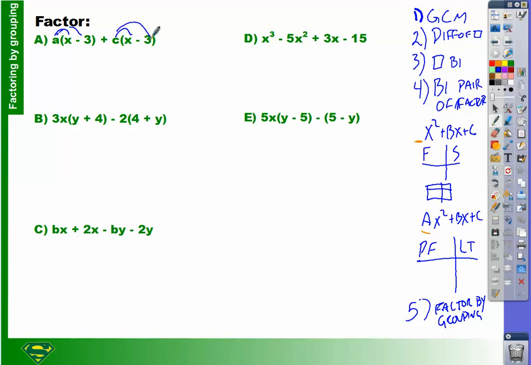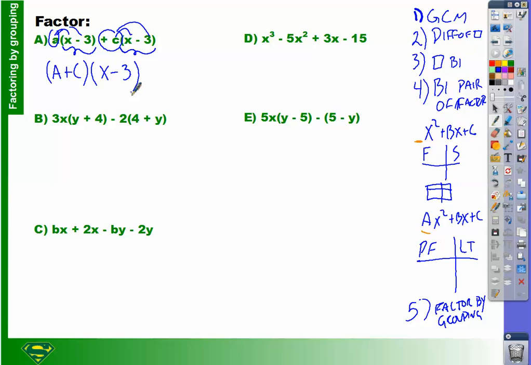Yes. So what we're doing is we're multiplying a times this binomial. We're multiplying c by the same binomial. Well, wouldn't it just be easier if we combined these two terms, a plus c, and multiply them by x minus 3?